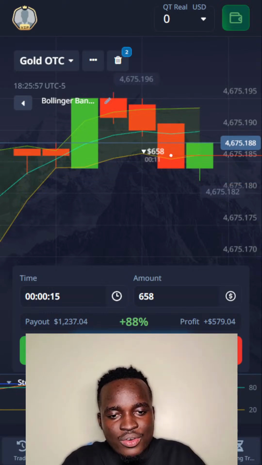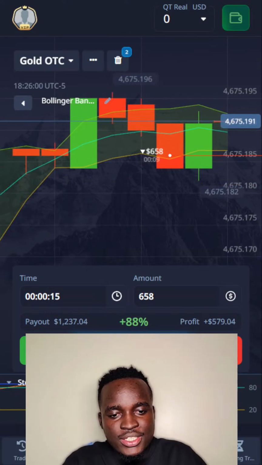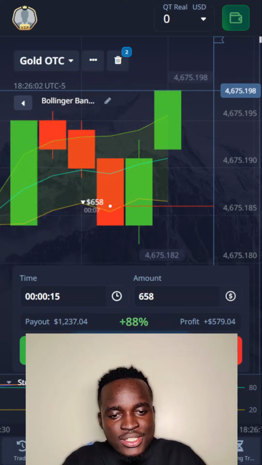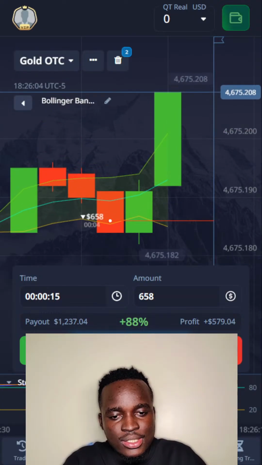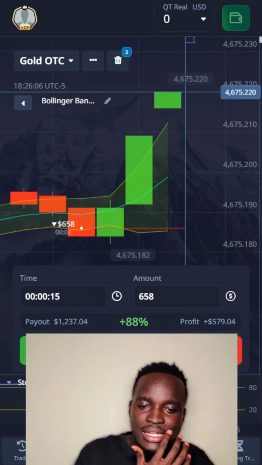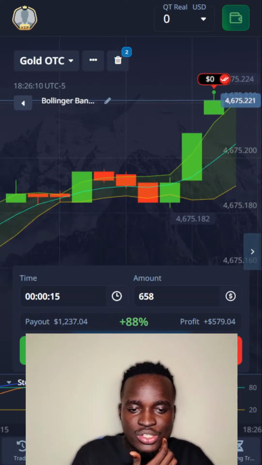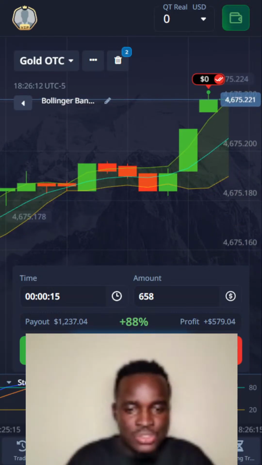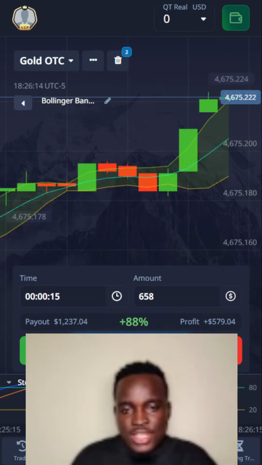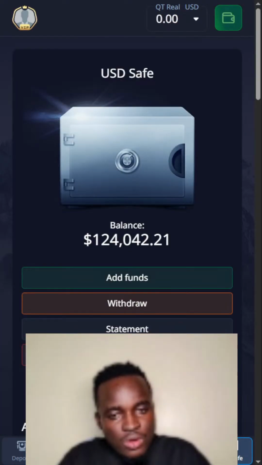Oh, this downtrend has been rejected. The price is being rejected. That was a very good downtrend, but I made it earlier because the price was rejected. So, second loss. No backing down.